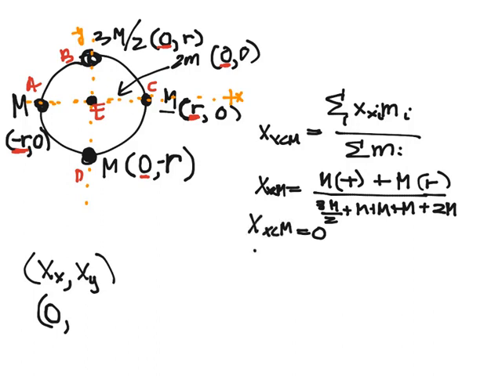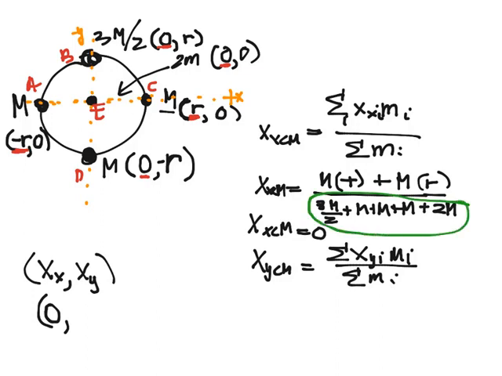Now in the y direction, ycm is going to be the sum of all of the positions in the y direction times the masses divided by the total mass. The total amount of mass is going to be the same. So I'm going to take a second and just add up everything in this green circle.